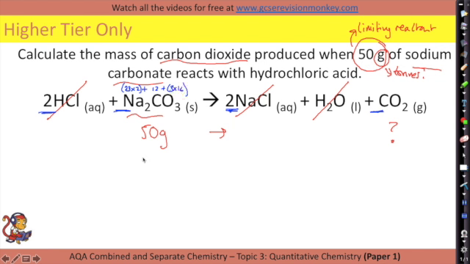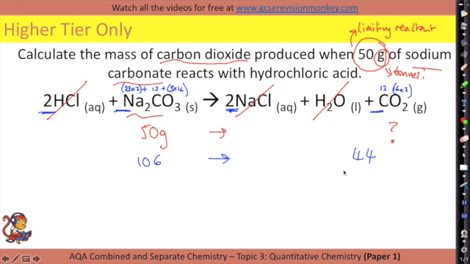That will give us a relative formula mass of sodium carbonate of 106. And using the periodic table again, carbon is 12, 16 times 2, that will give us a relative formula mass of 44.